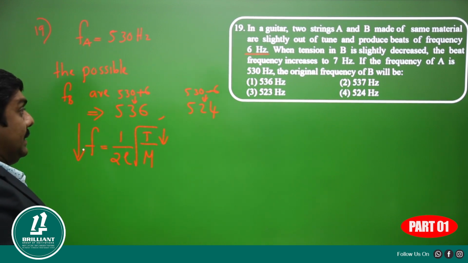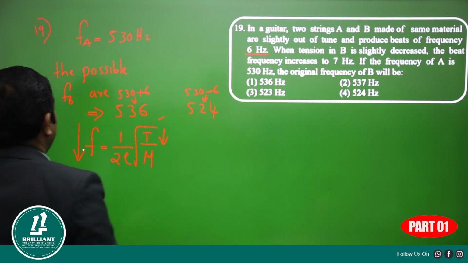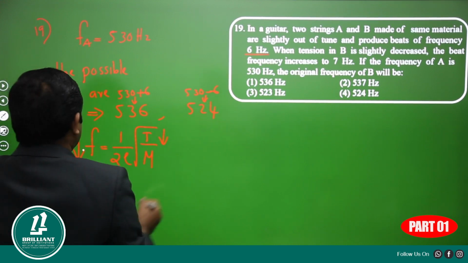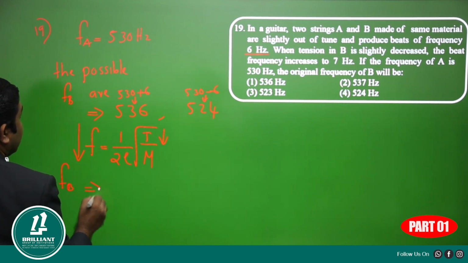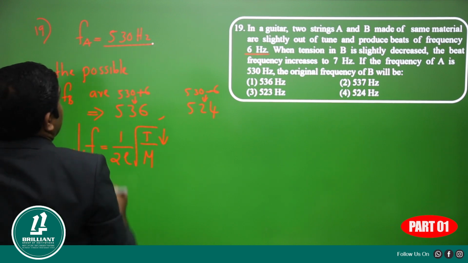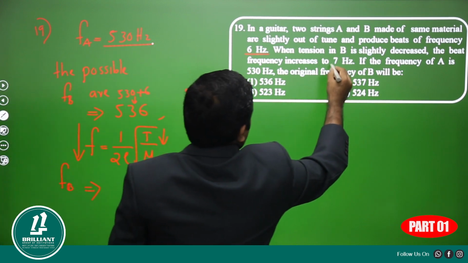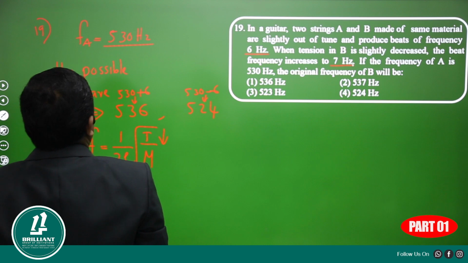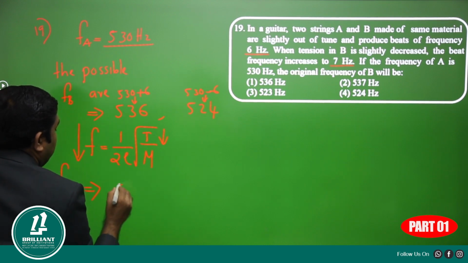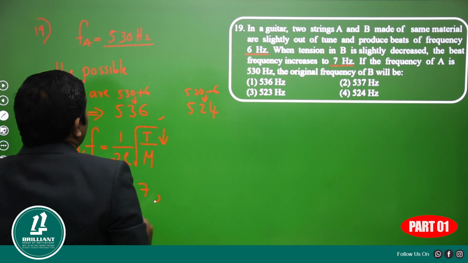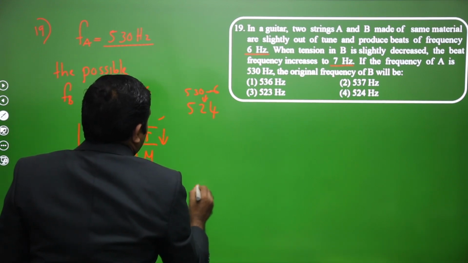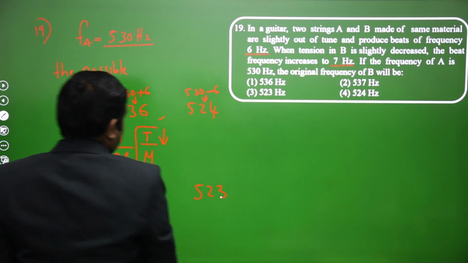Now when the tension is reduced, the possible FB values are, look, original A is 530, the difference is given as 7. So 530 plus 7, 537. Next one, 530 minus 7, 523.